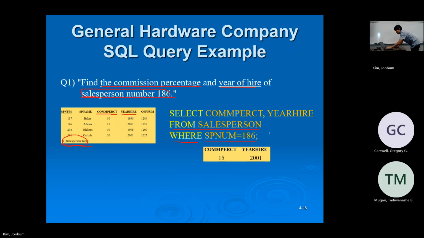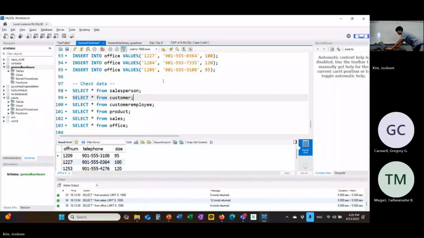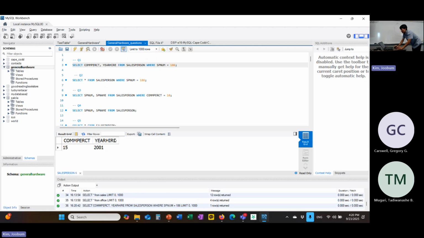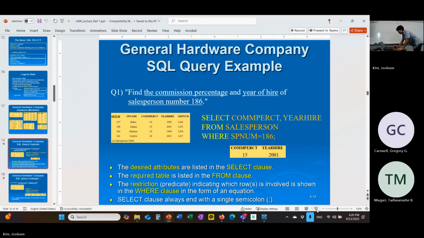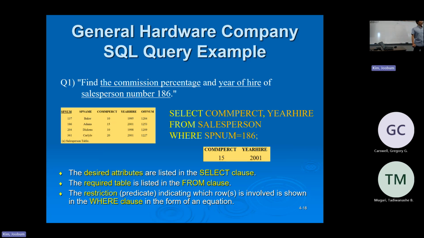After that, we're going to have 15 and 1001. Select columns from table where condition. It's good.